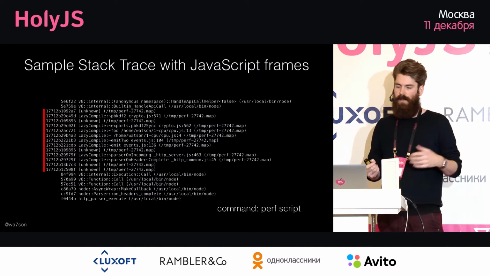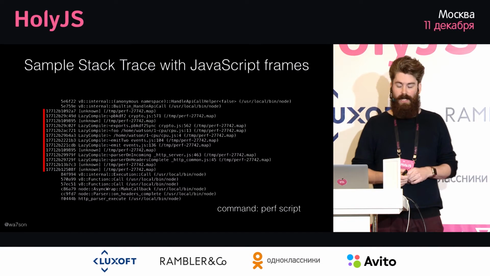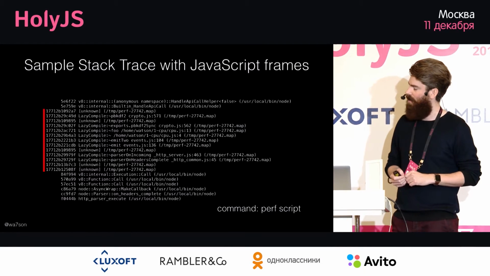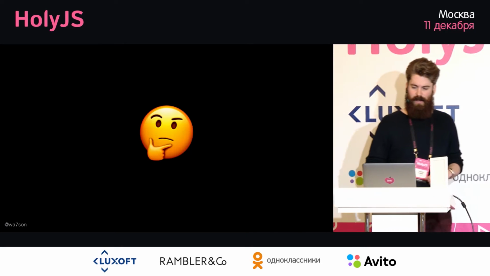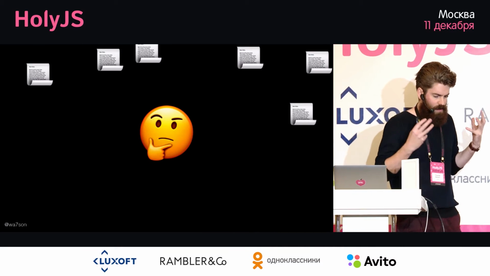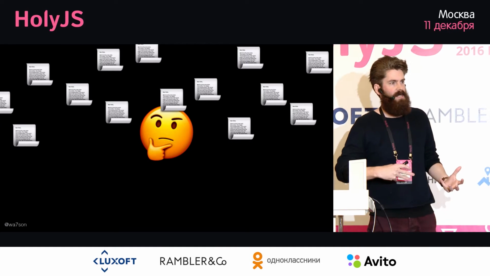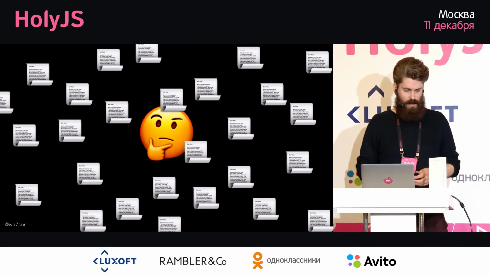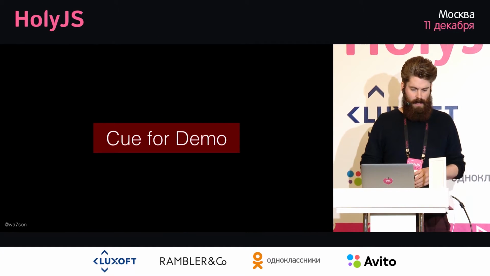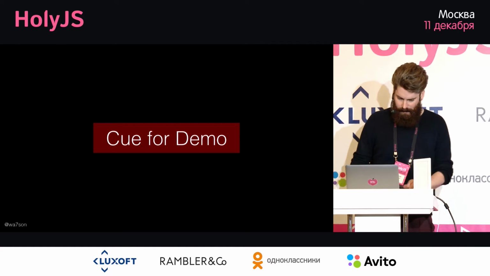And then if we run perf script again and look at it, now we actually get some actual JavaScript functions that make sense to us as JavaScript developers. But we still have the problem of this massive list of stack traces. So now we're going to look at how we're going to deal with that.